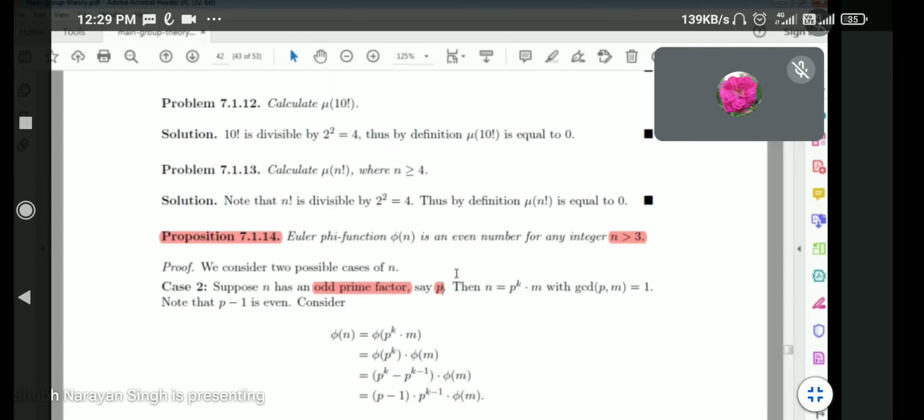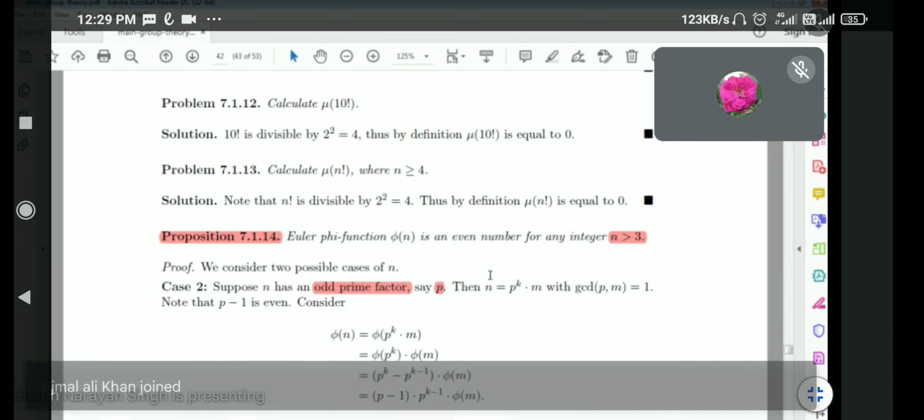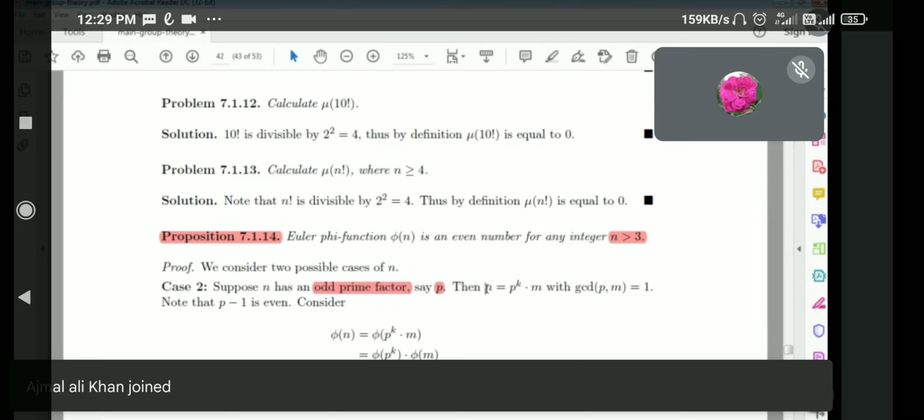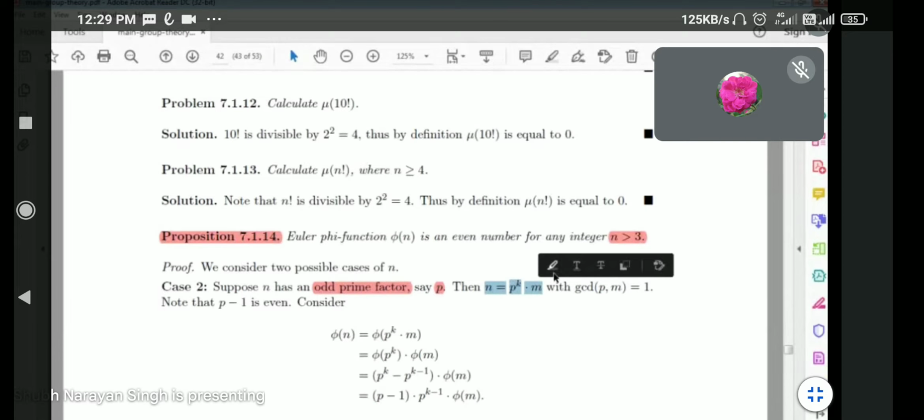Then your n can be written as p power k into m. Suppose n equals 100. Then 100 has an odd prime factor, which is 5, because 100 can be written as 2 into 2 into 5 into 5.